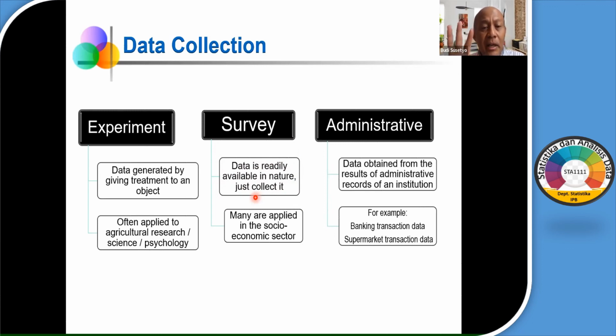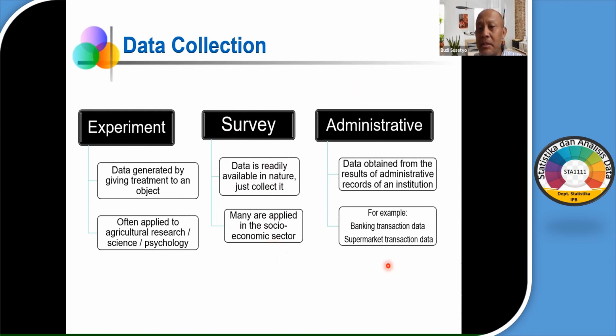The data is already available in everybody, I just collect it. That means I just select a sample, and the method is called a survey.